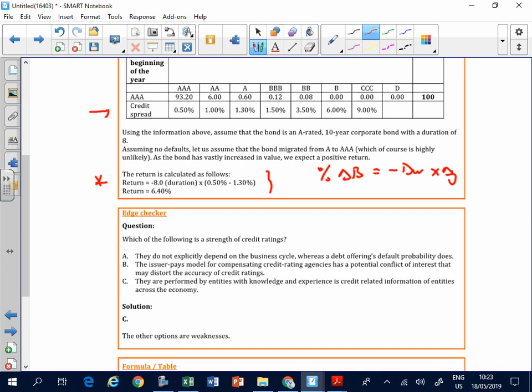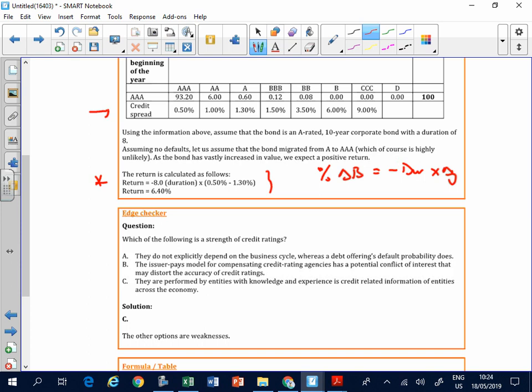Now remember that credit spread, or any type of premium, is always above the risk-free rate. We always looked at the risk-free rate as a number, and the risk was if that number changed. So think of spread also as a yield, and it changing as well. Okay, everyone? Now, in this calculation, you see duration times this change here.